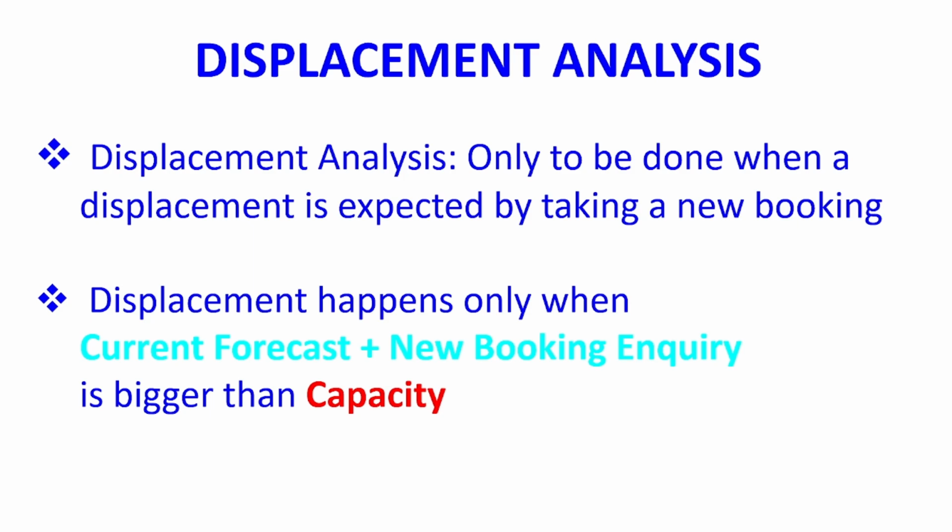There is nothing to lose because we will not be full anyway. We will not give up any business because of this group, so displacement analysis is not necessary. We just need to take the business in order to maximize our occupancy, because we will not be full anyway. Now let's exercise some displacement analysis.